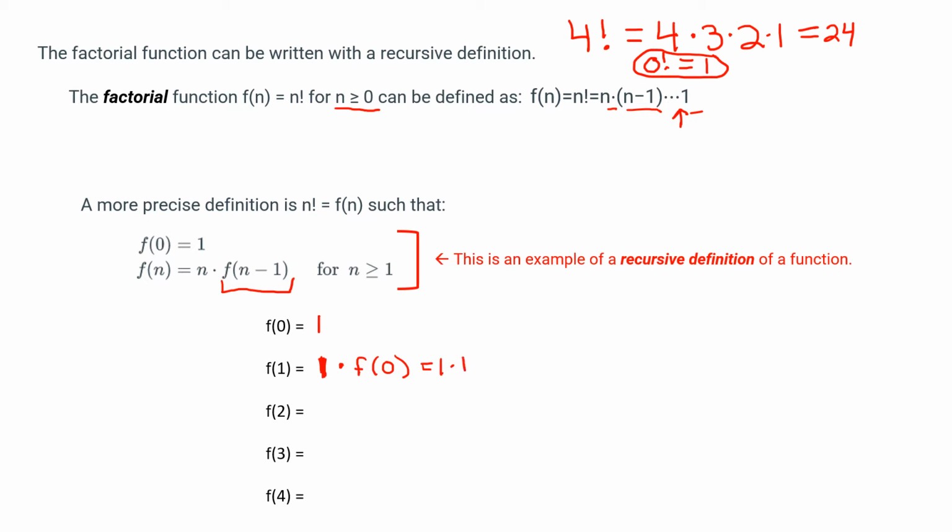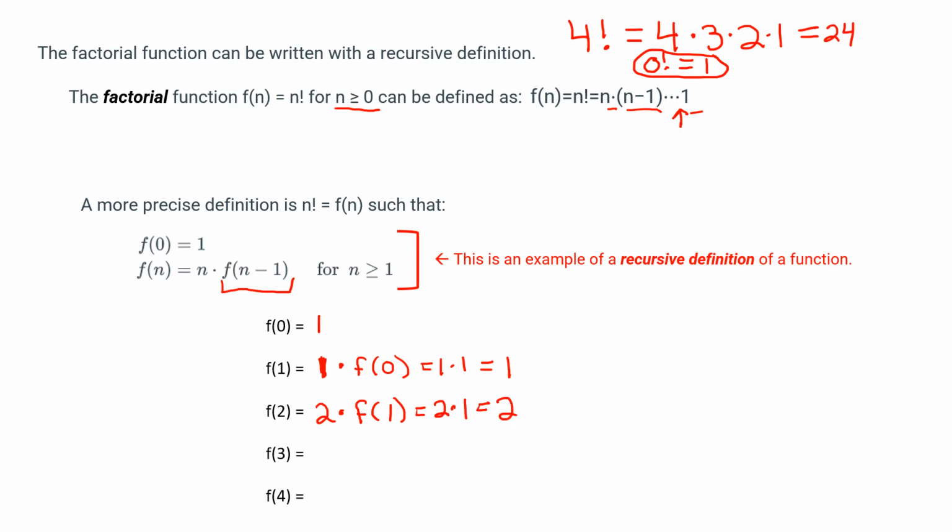F of 0 is 1. So 1 times 1 is 1. So we get a 1 for f of 1. F of 2 is going to be n, which is 2, times f at the previous integer, which is 1. And f of 1 was equal to 1. So we have 2 times 1, and that gives us a 2.